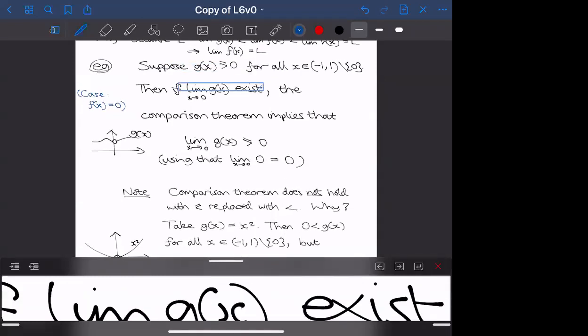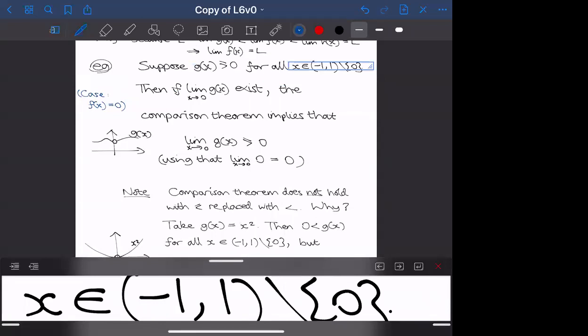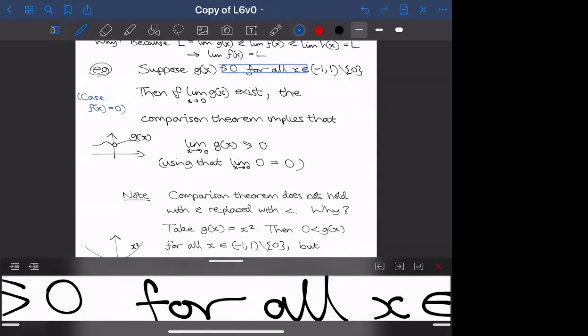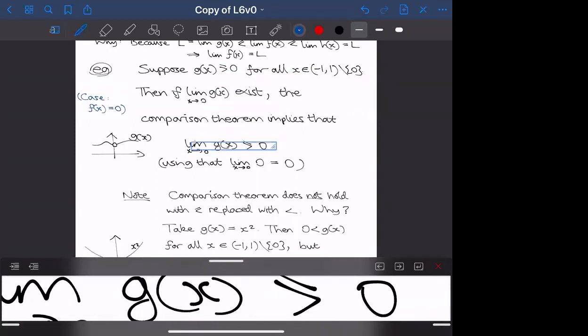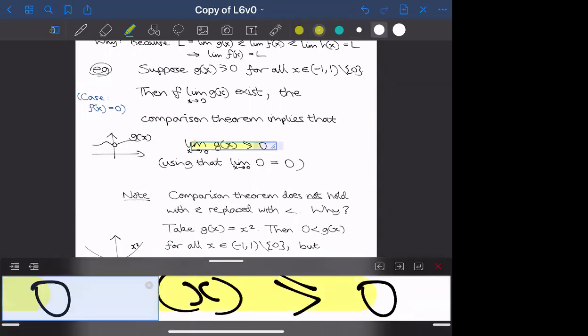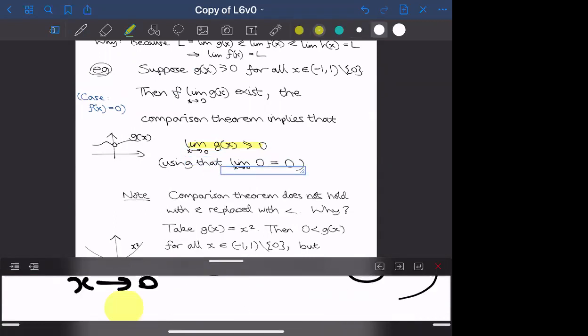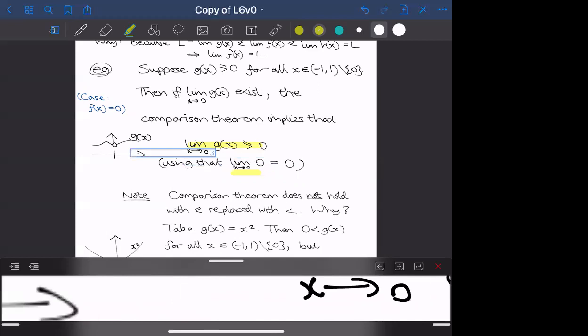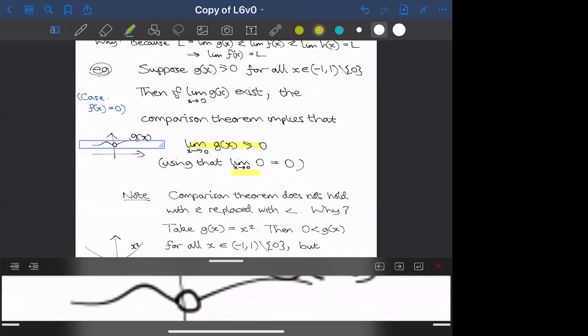I've chosen it to be -1 to 1, with 0 removed again. And then if the limit of g(x) exists, the limit of 0 certainly exists, it's 0. And so the comparison theorem gives us this. And of course, we're using again the limit of 0 is 0. So in the picture, if g(x) is positive above the x-axis, then whatever the limit is, it must also be positive and greater than or equal to 0.